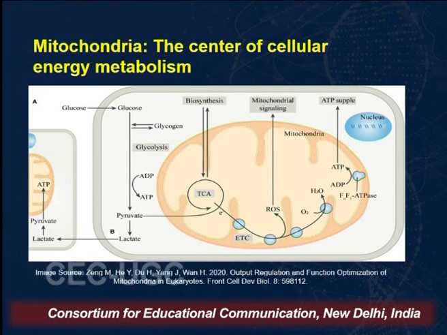In this way the energy is released, which drives the formation of the ATP molecule with the help of the ATP synthase or F0F1 ATPase enzyme which is connected with the electron transport chain. So that's how the ATP is formed over there.